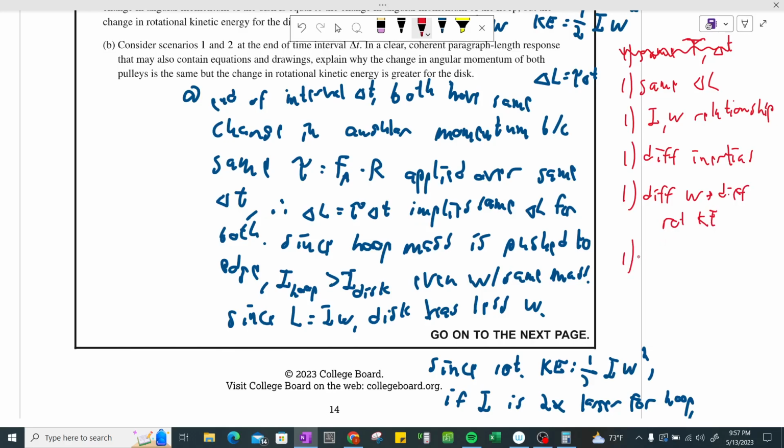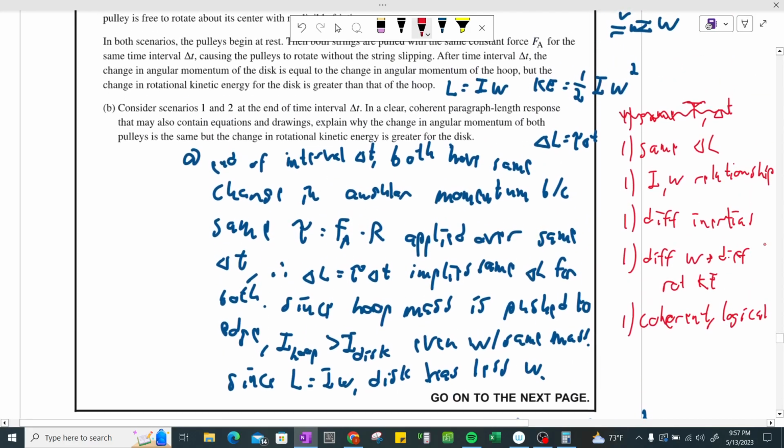And 1 point is always for a coherent response. So even if you made a mistake somewhere, as long as your reasoning made sense at some level, then you'll get a point for that. And that's historically how they've always done it.